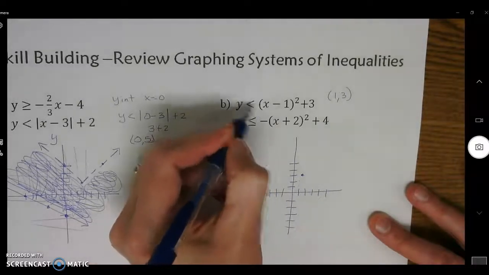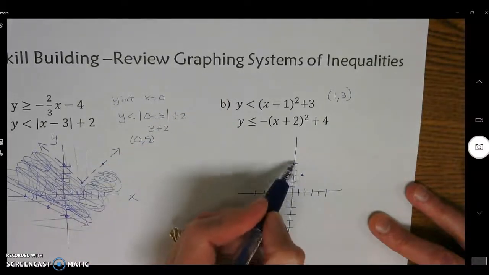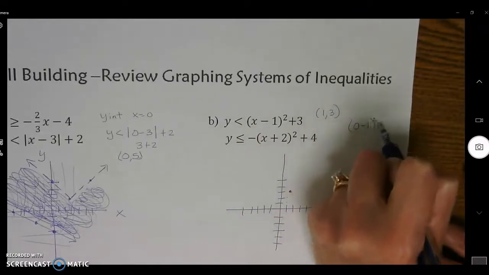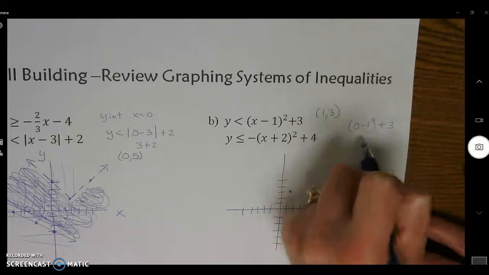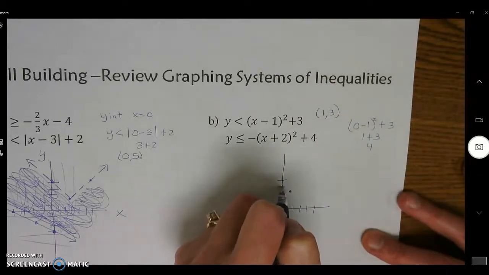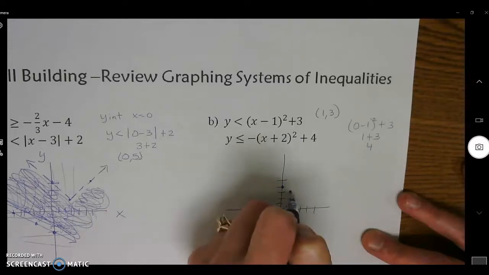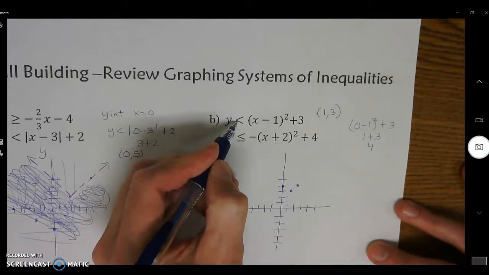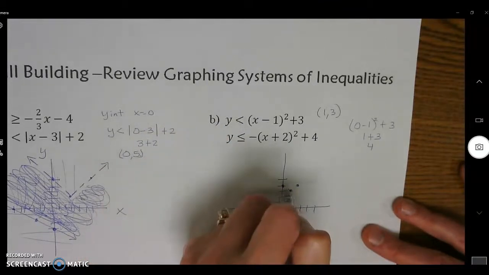It is opening upwards. Let's see where it's going to touch y again. If I plug 0 in here real quick, -1 squared is 1 plus 3 is 4. So I'm touching y at 4. This one will be dashed because I do not have an equal sign.